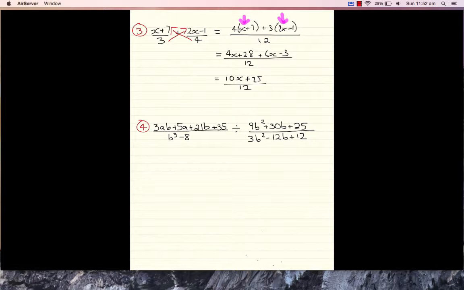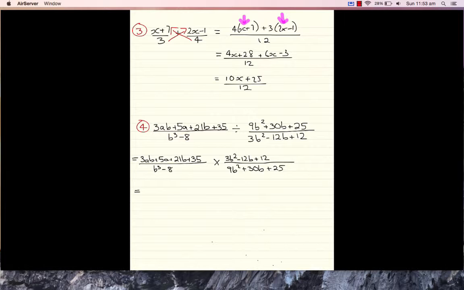Okay, the next one looks really scary, and it has been very deliberately made quite complicated. So at this point in time, hopefully you know that to divide by a fraction, we multiply by the reciprocal. Okay? That hasn't helped us a great deal, but we don't have to divide.